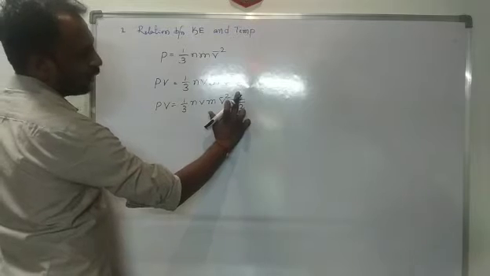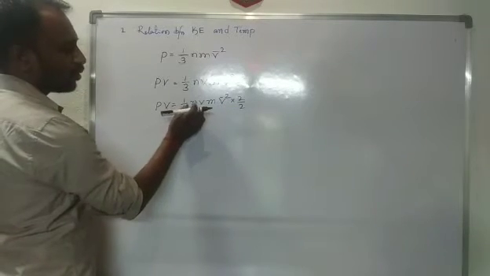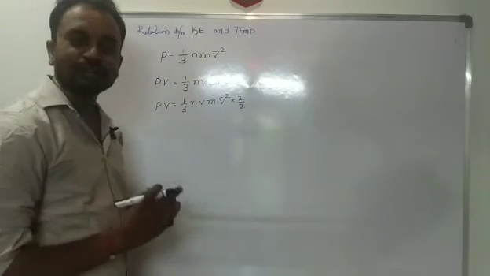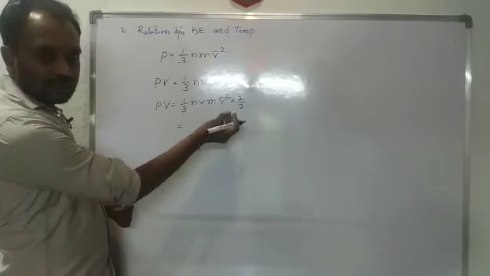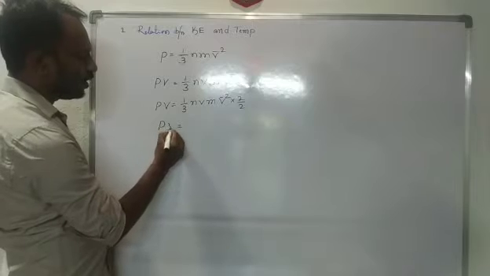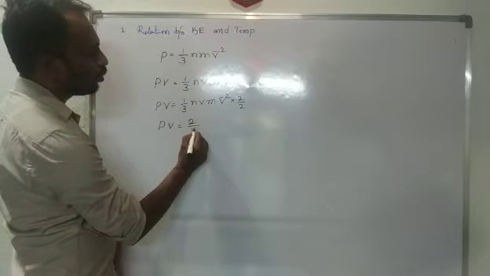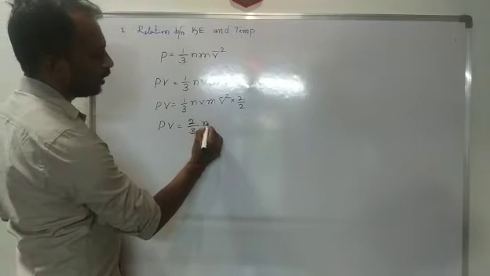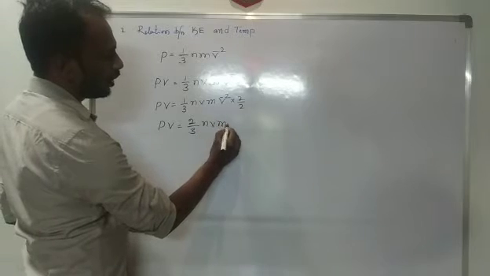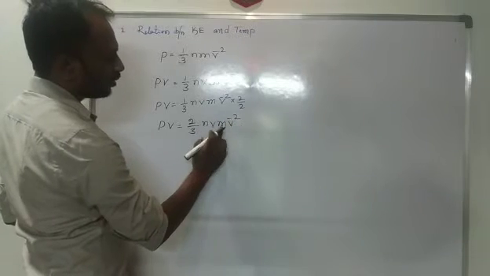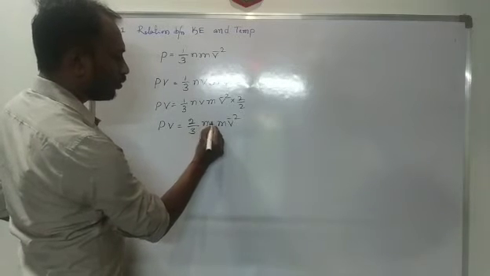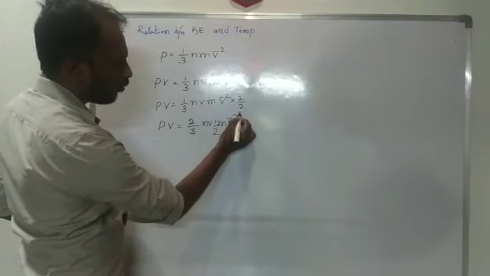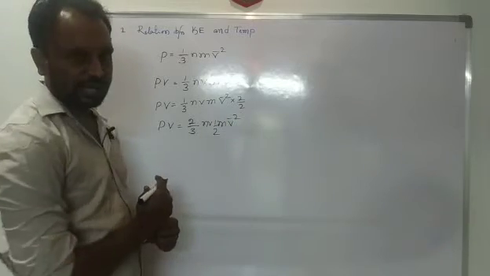If I cancel 2 by 2, I again get PV is equal to 1 by 3 N V M V bar square. So we can rearrange this: PV is equal to 2 by 3 N V into 1 by 2 M V bar square.